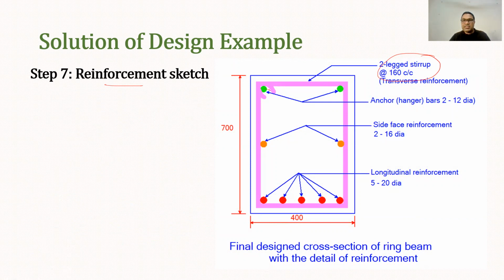Similarly, this green bar is basically the anchor bar or hanger bar, which we generally provide just to hold these stirrups. Similarly, the side face reinforcement, 2 bars of 16 dia. Then we have the longitudinal reinforcement, 5 bars of 20 mm dia. So all the bars we have designed and now we have shown this in the sketch. That is our final step in which we are required to draw the sketch. So that is the completion of this solution.